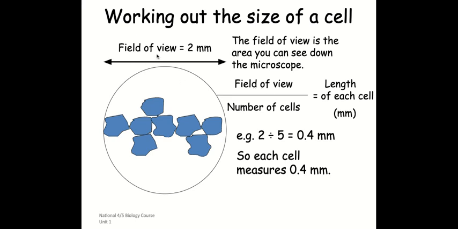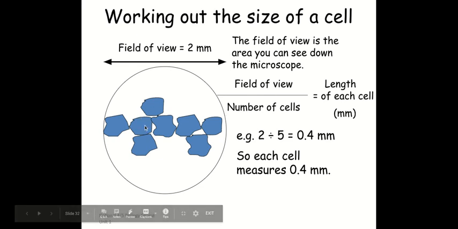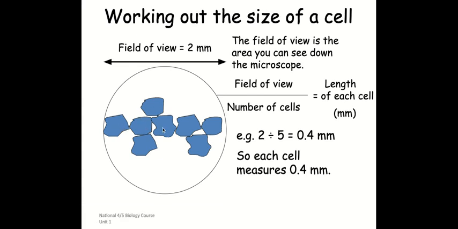Field of view, which they will always give you, divided by the number of cells. You need to be really careful here because number of cells does not mean total number of cells. It means the number of cells that are sitting side by side. So for this example, to work out the size of one cell, I'd take the field of view, which is 2 millimeters, and divide it by the number of cells sitting side by side: 1, 2, 3, 4, 5.